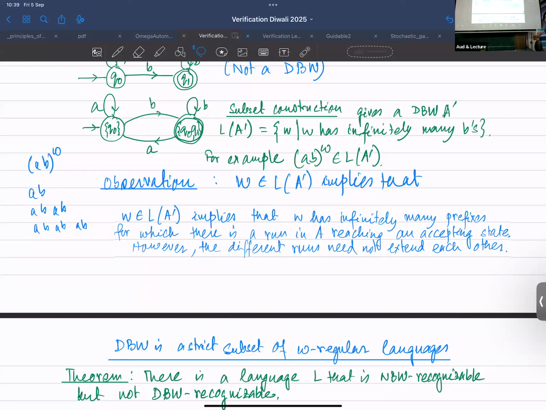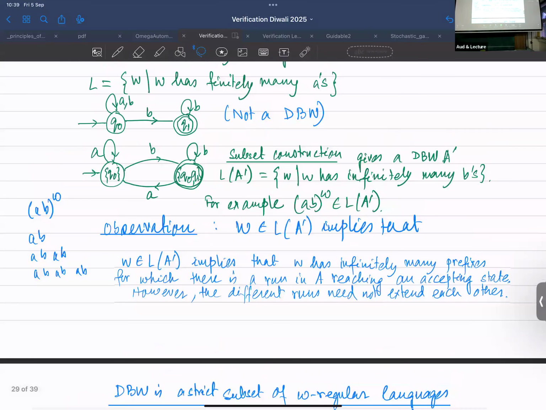If the runs on these prefixes were extending each other, then you would have infinitely many such runs. So in the subset construction, in this resultant automaton, if it has infinitely many prefixes for which you have runs here, and those runs end in a final state here, those runs may not extend each other for these different prefixes. But if they extended, then we have it.